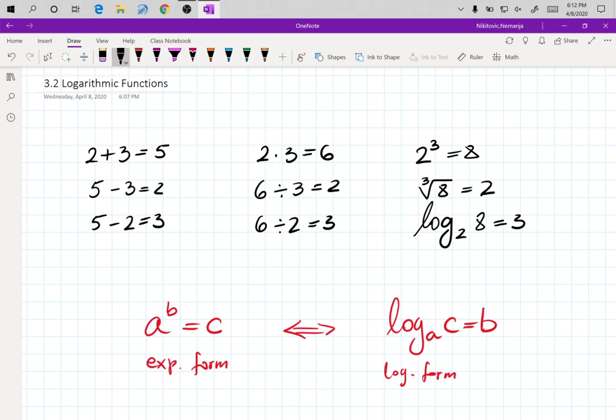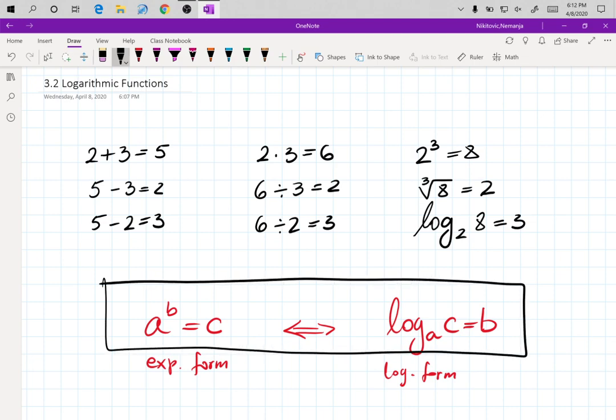This is known as conversion, and you will pretty much use this in every problem you see in chapter 3. And this formula will follow you through the rest of your mathematical career. So very, very, very frequent.